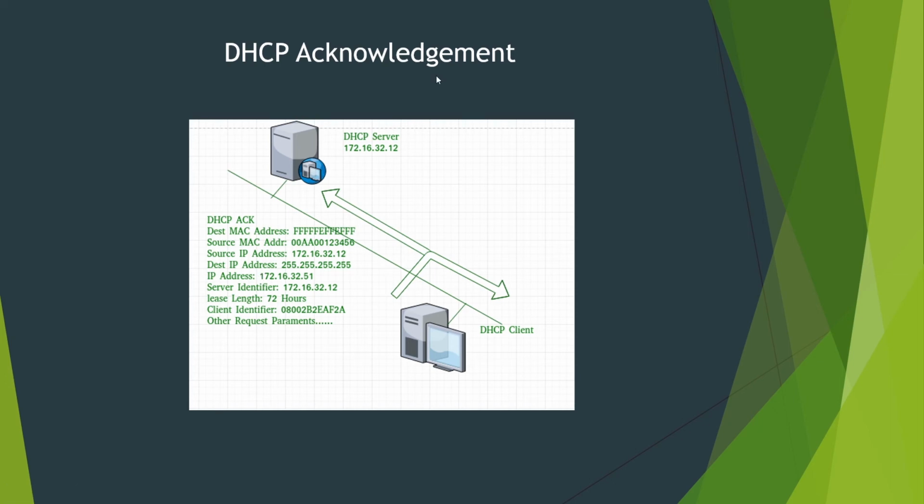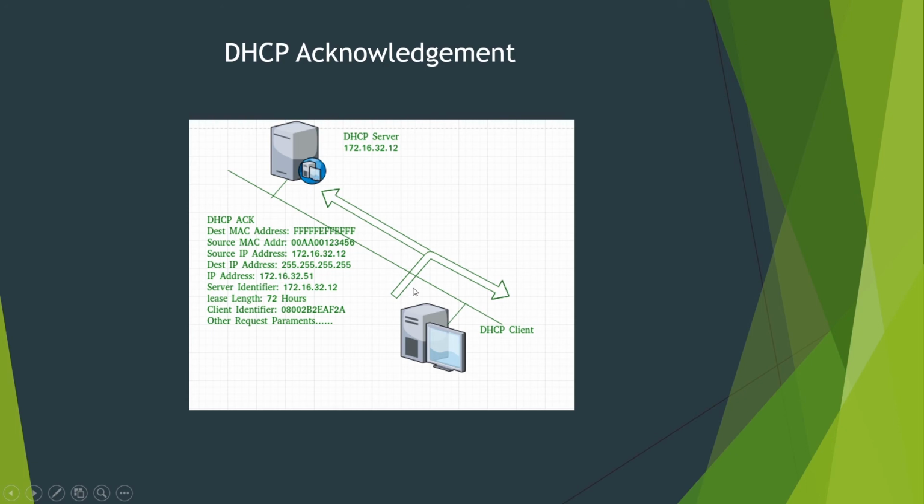That's why it sends an acknowledgement message saying you can use this address. It sends the acknowledgement with the destination MAC address to everyone, and the source IP address as this server's IP address. And the DHCP client, on receiving this, sets its network settings to this IP address.